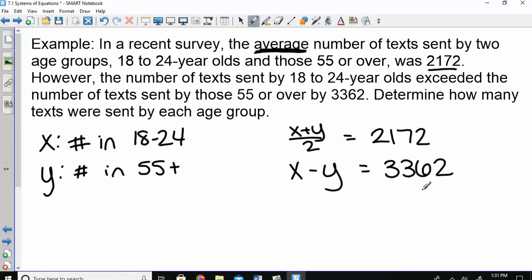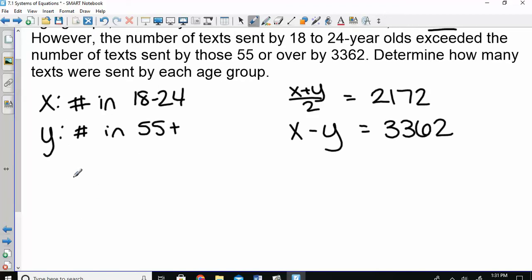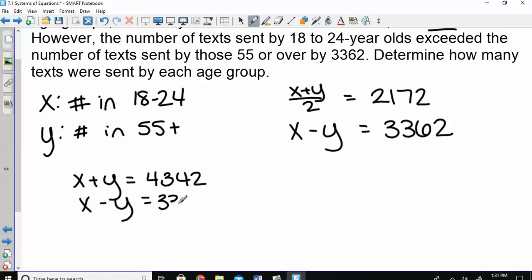So we have substitution or elimination as options here. Actually, elimination would be really easy if I did what to my first equation? Multiply by 2. If I multiplied that by 2, then I would have x plus y equals 4,342. And then we don't have to change the second one.